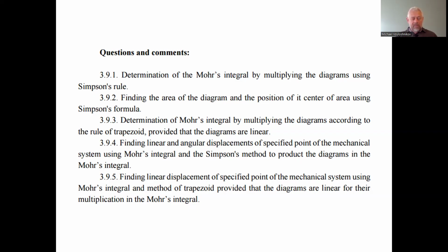This is sometimes a little bit easier, as for the trapezoid rule we do not need the magnitudes of the diagram of bending moment in the middle, only at the ends of each of the two diagrams, whether under the influence of the external force or the unit force applied in the definite direction. Thank you.